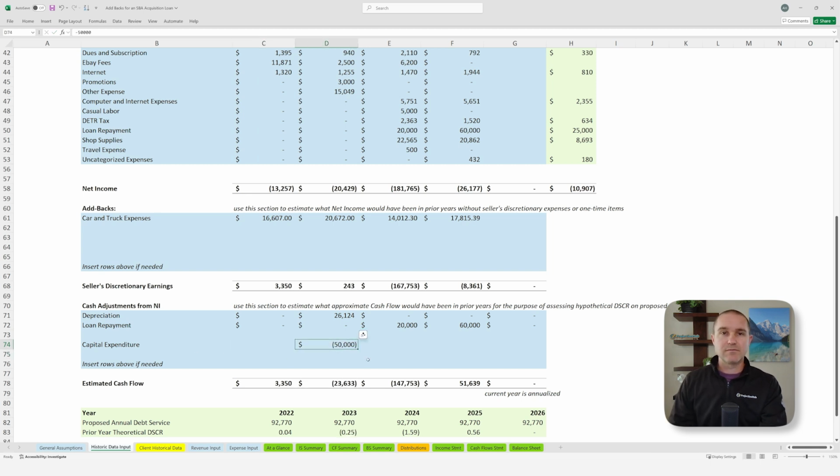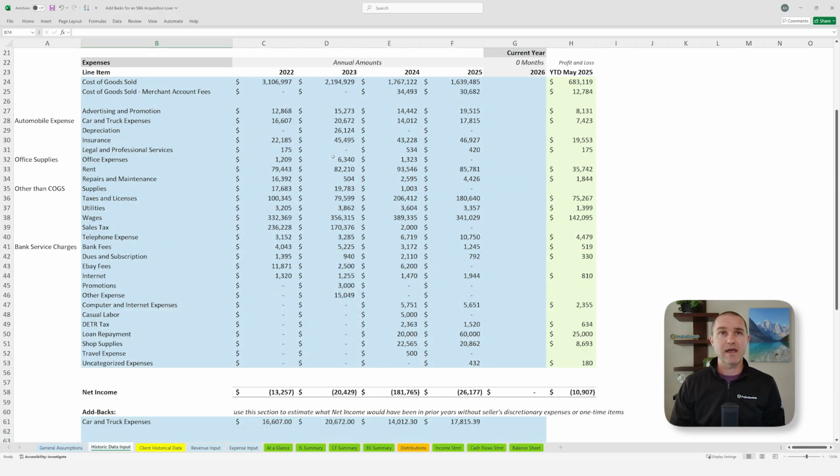They may say, yeah, you're going to need to spend an additional $50,000 just to upgrade and keep your fleet up to date in that trucking example. So that could be a situation where you have the depreciation add back, but you have a counter add back on the capital expense side. That's not really relevant for this particular deal because it's not a trucking business. They don't have capital expenditures, so they should be able to add back the depreciation.